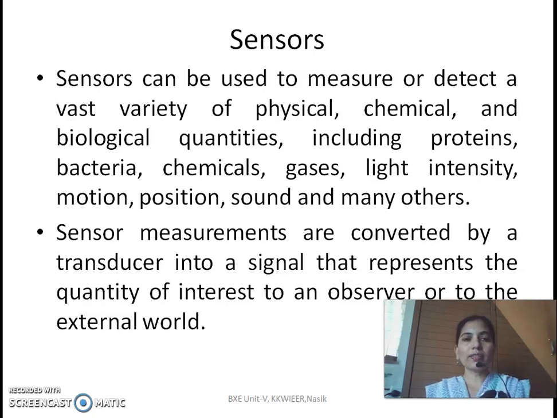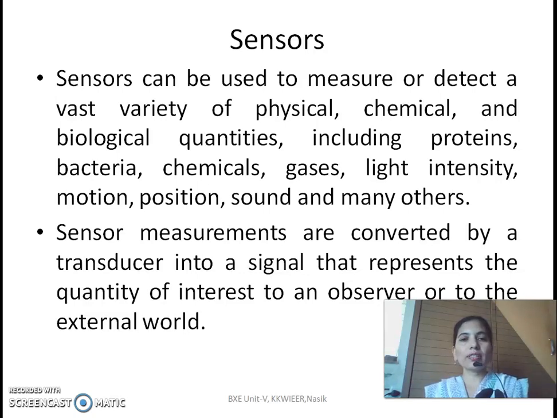So what are sensors? Sensors are devices which can be used to measure or detect a vast variety of physical phenomena. They can also be used to detect certain chemical phenomena. They can be used to measure biological quantities like proteins, bacteria, chemicals, gases, to measure light intensity, to detect motion, to measure the position of an object, to convert sound energy into some other form.